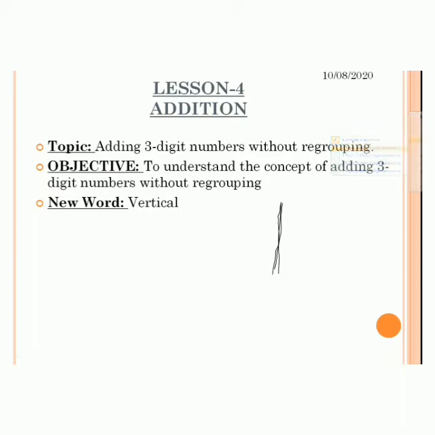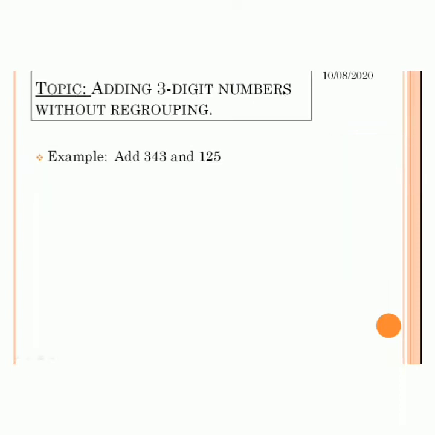Now, dear children, we will understand the topic, that is how to add 3-digit numbers without regrouping with the help of an example. Alright, and the example is add 343 and 125. Okay, so dear children, the first step is you have to arrange the given numbers vertically.